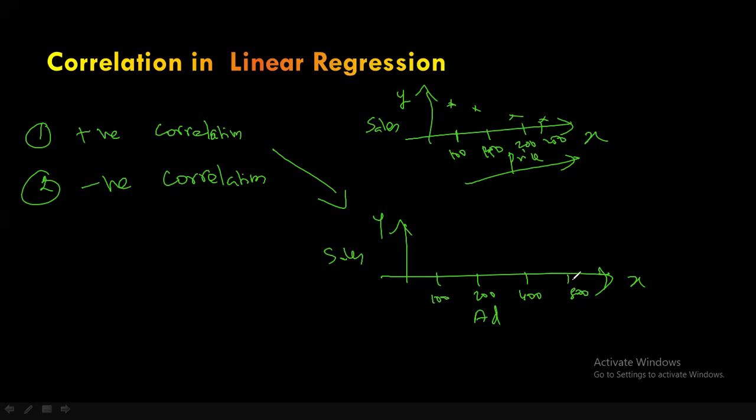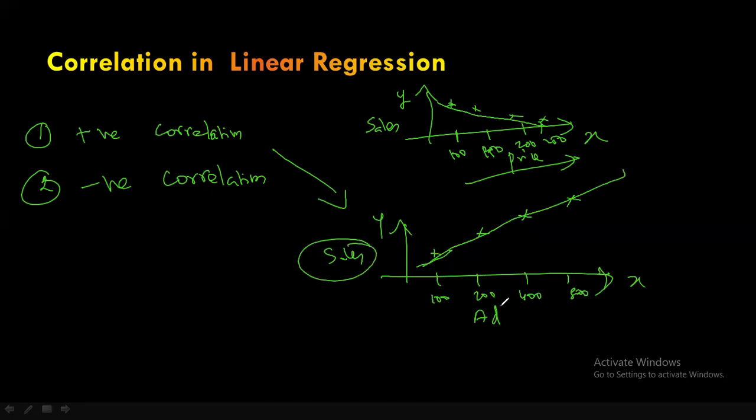The more money I spend on advertisement, I could see an upward trend, an increase in sales. If you connect all the dots, you will get a straight line. This straight line is in the upward direction, but the earlier straight line is in the downward direction. As you spend more on advertisement, the sales go high. This is the pattern we can see.